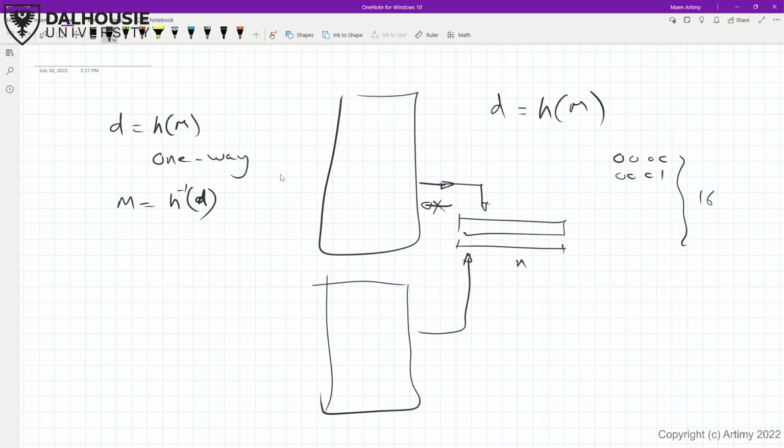So the possibility of two messages colliding is reduced. If I make n 256, the possibility of collision is even less. So that's one property of the hash. We take any arbitrary length message and reduce it into a fixed size message.